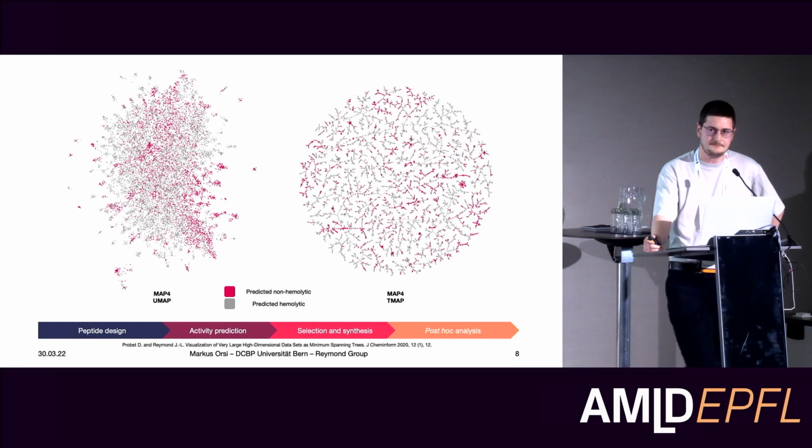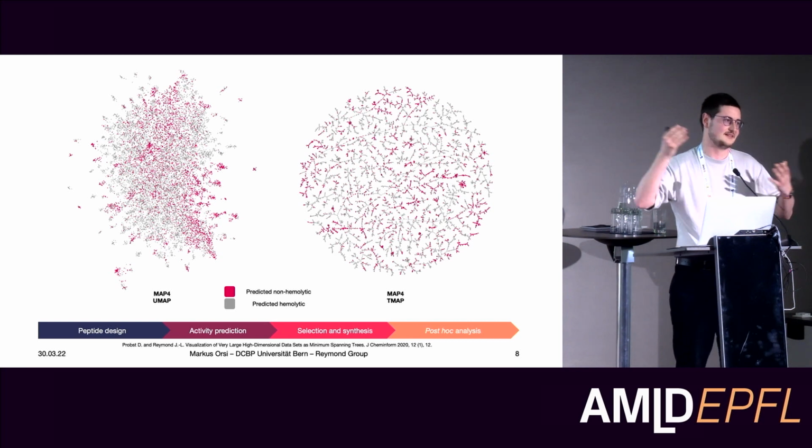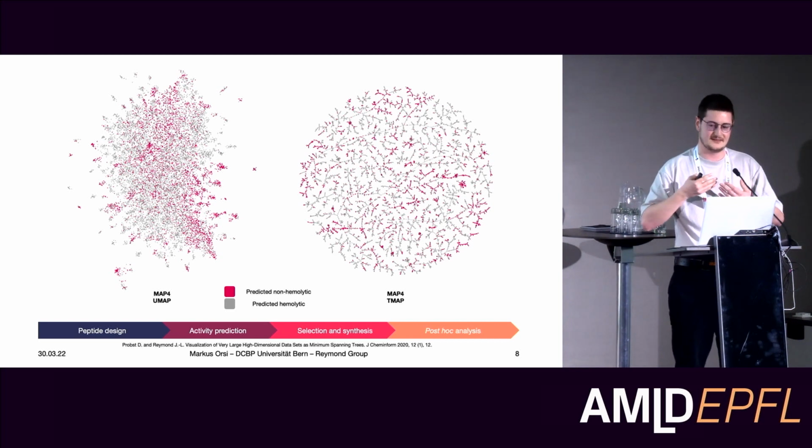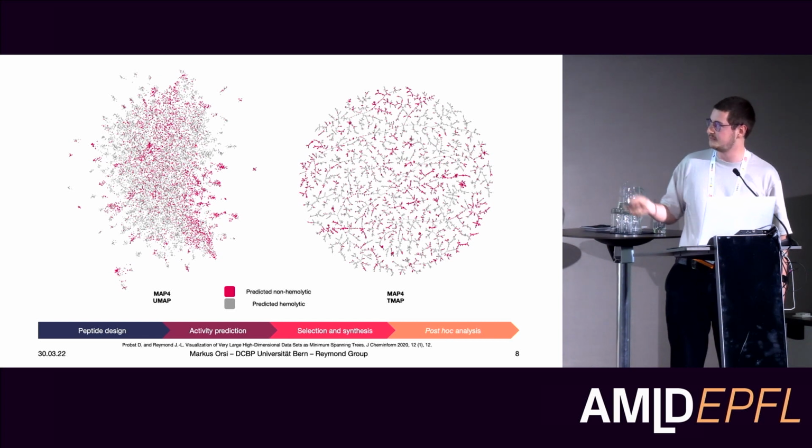Yes. So actually, when you color code by length, you see that this is the property which gives the main variance. In the UMAP space, you would see that all the short sequences are here and all the long sequences are up here, and the same in TMAP as well.